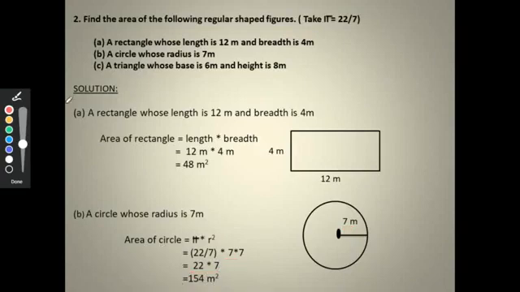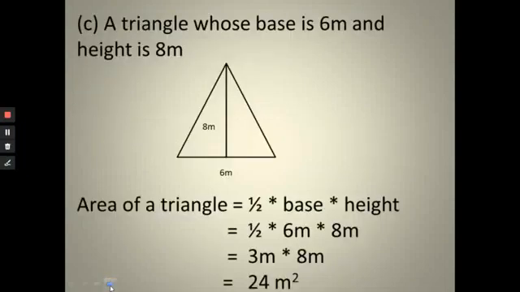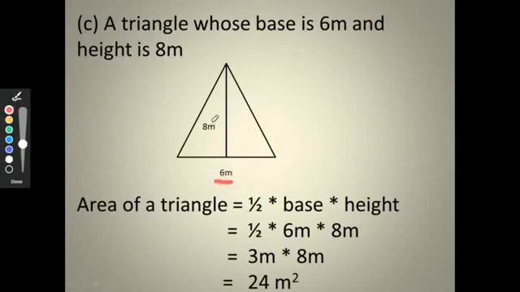A triangle whose base is 6 meter and height is 8 meter. So here is a triangle with base 6 meter and height 8 meter. So area of a triangle is equal to half into base into height, which is equal to half into the base, given to be 6 meter, and the height, 8 meter.